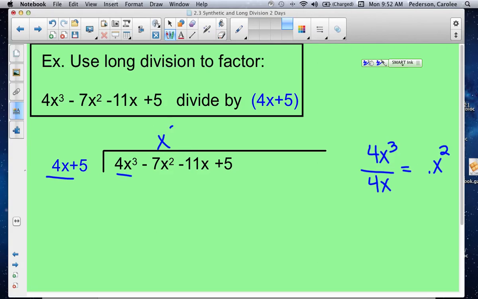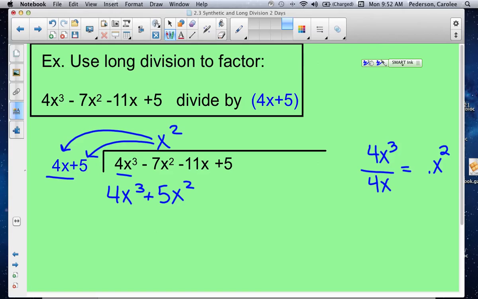Now what am I going to do with that x squared? Multiply it to both terms in front. So x squared times 5 is 5x squared. And then x squared times 4x is 4x cubed. Now this is a plus and a plus right now.